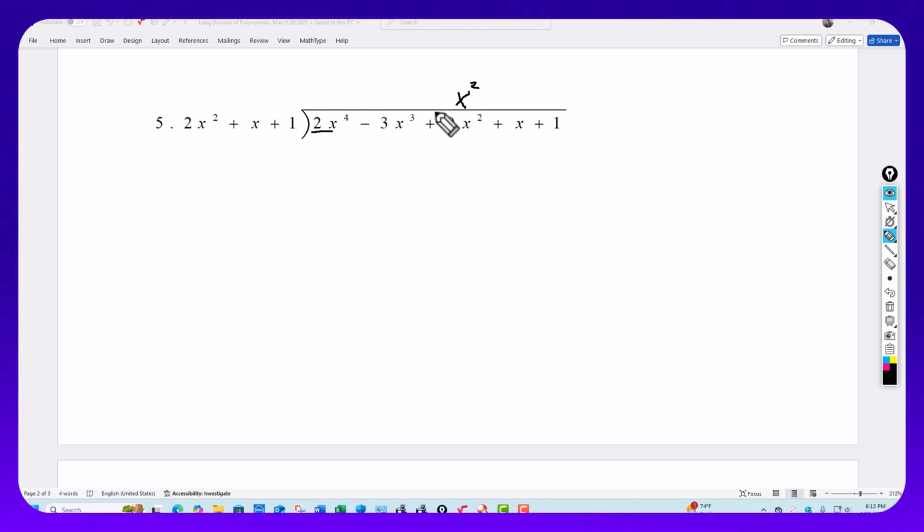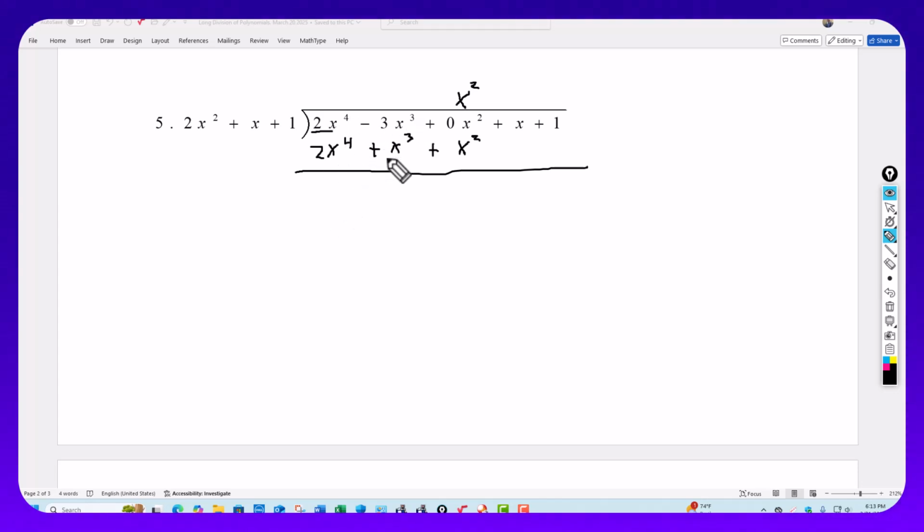Now I do the multiplication of the partial quotient times the divisor. So this will give me a 2x to the fourth here. And then x squared times x will give me a plus x to the third. Squared times 1 is x squared. And then we subtract. 2x to the fourth, subtract 2x to the fourth, goes to 0.